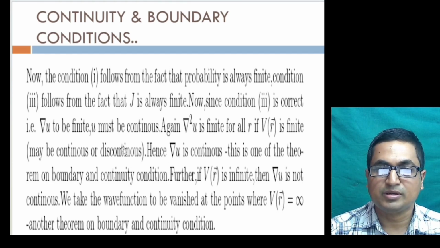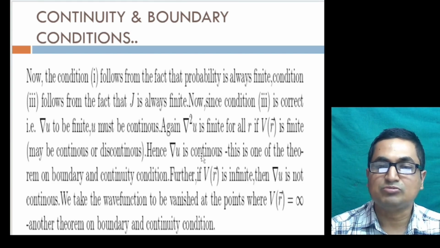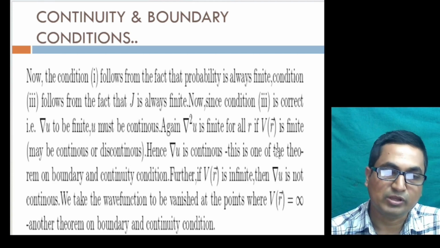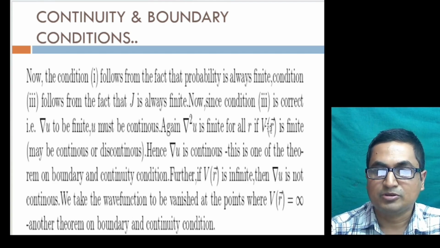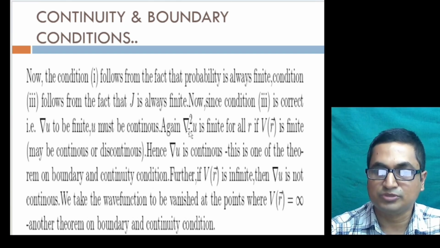We must always remember that if nabla u is finite, u is continuous. If nabla squared u is finite, then nabla u must be continuous. This is one of the boundary conditions, well known in quantum mechanics, because if V(r) is a finite quantity, then this will be finite because of the Schrödinger equation.